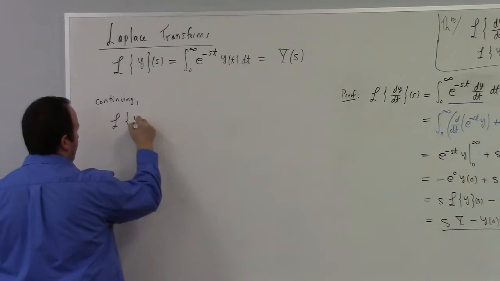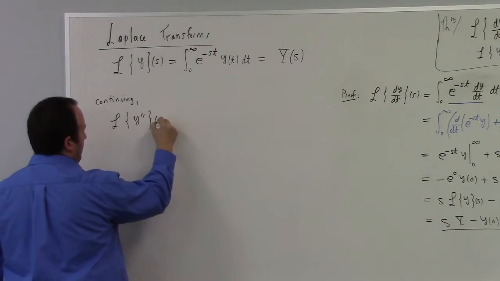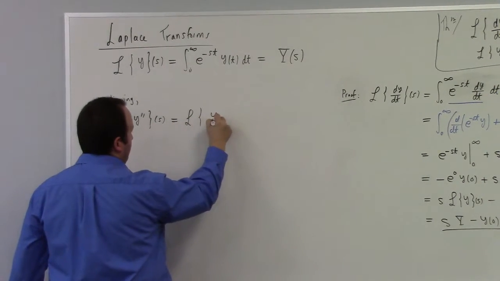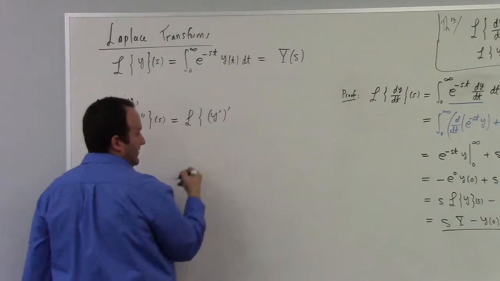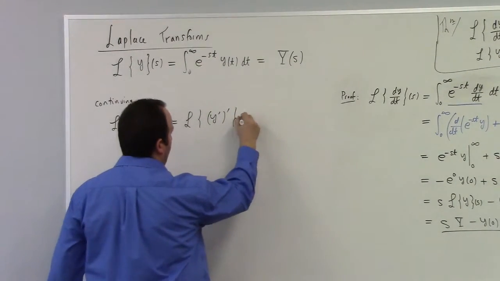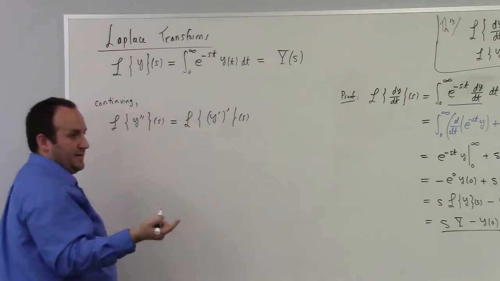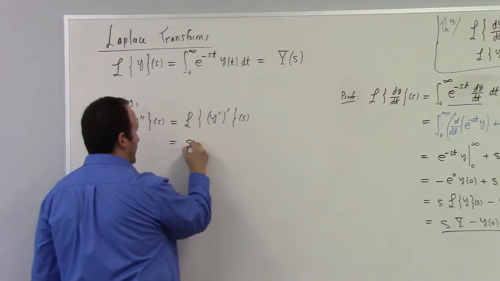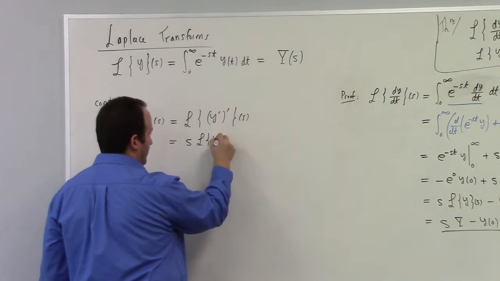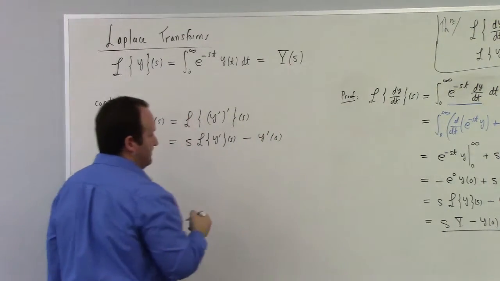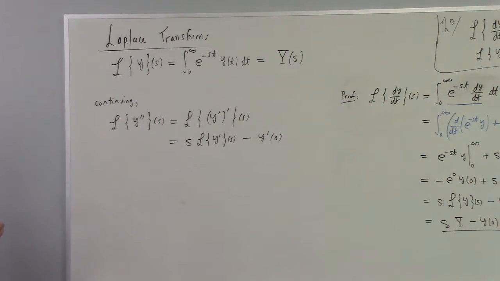The Laplace transform of y prime prime of s would be what? This is equal to the Laplace transform of the derivative of the derivative, that's what prime prime means. So we can apply the theorem to the derivative, and what's that give us? That gives us s times the Laplace transform of the derivative minus y prime at 0. I'm applying the theorem to y prime.